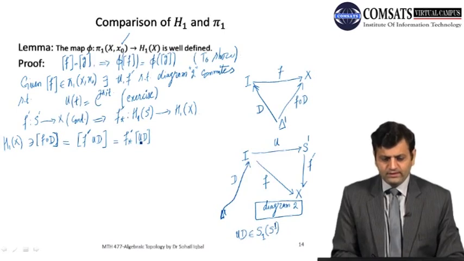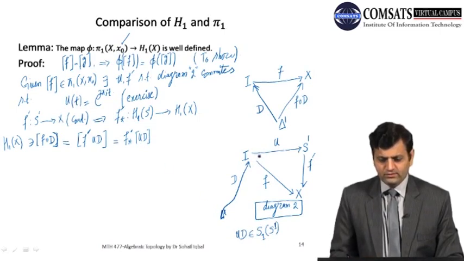Of course, when we apply this f prime on this, it is just equal to taking the image under f star prime of this element of H1 of S1. Once again this ud, start from this d and this goes to u.